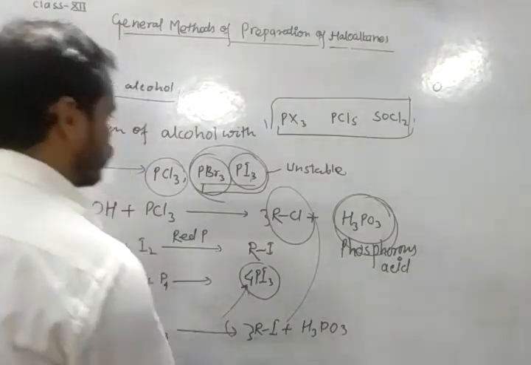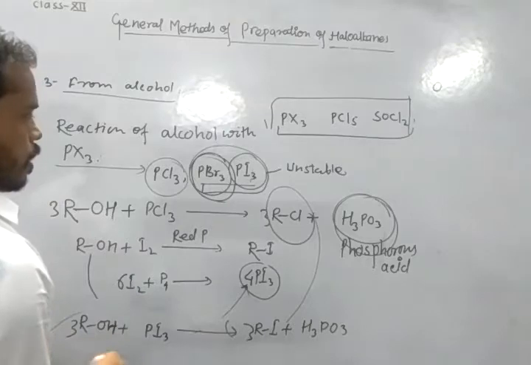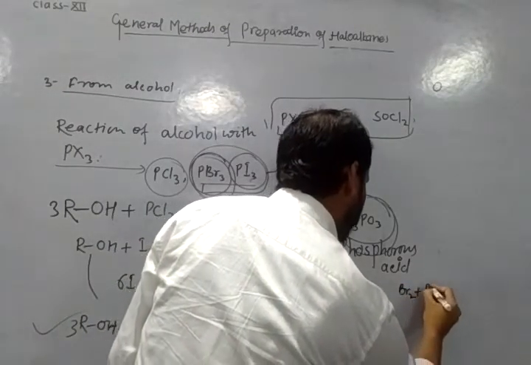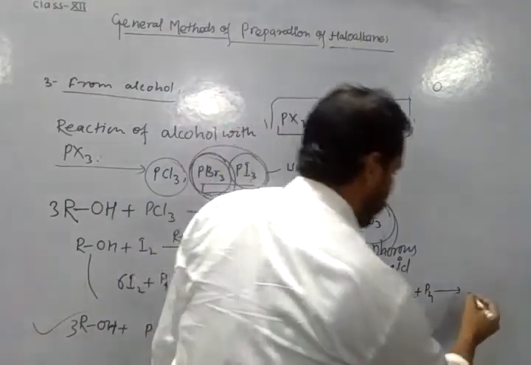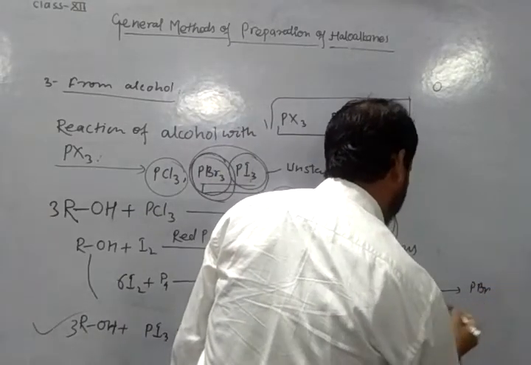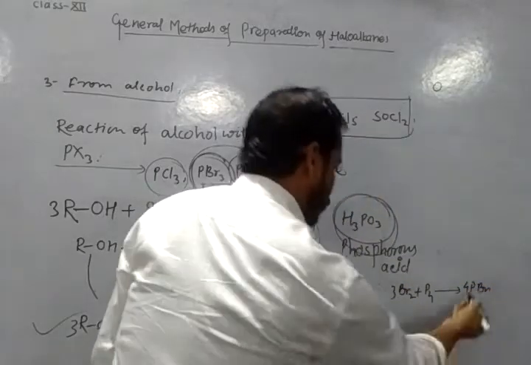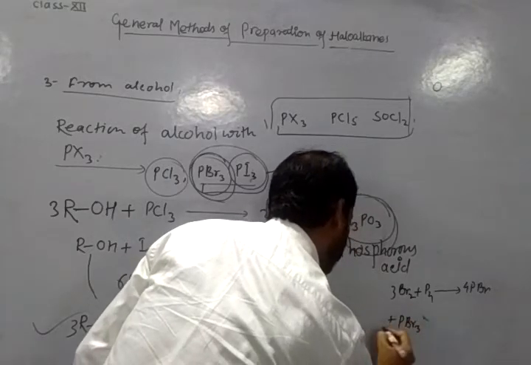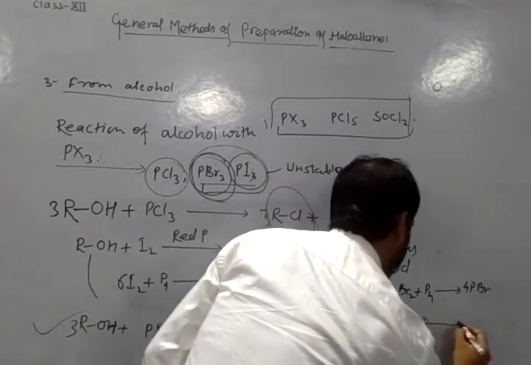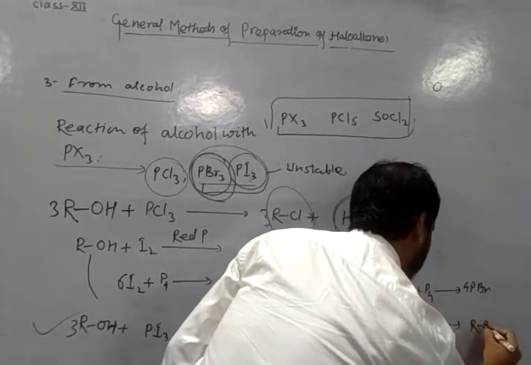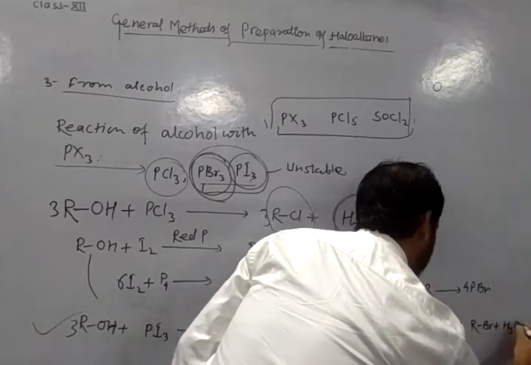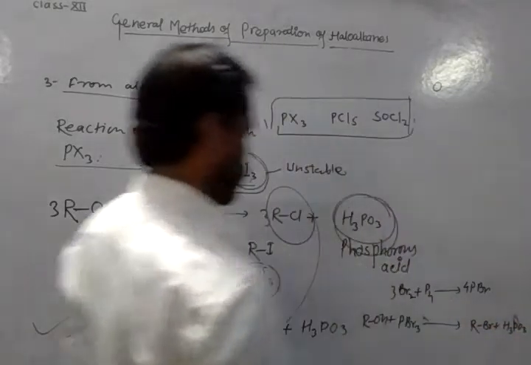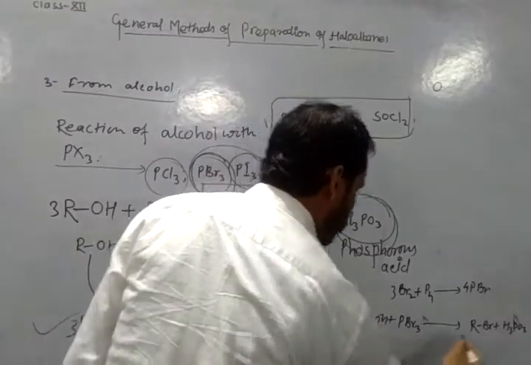Like this equation, you can prepare bromoalkanes by treating bromine with phosphorus to form PBr3, and PBr3 treated with alcohol ROH forms RBr plus H3PO3. Clear? Once again, balance it.